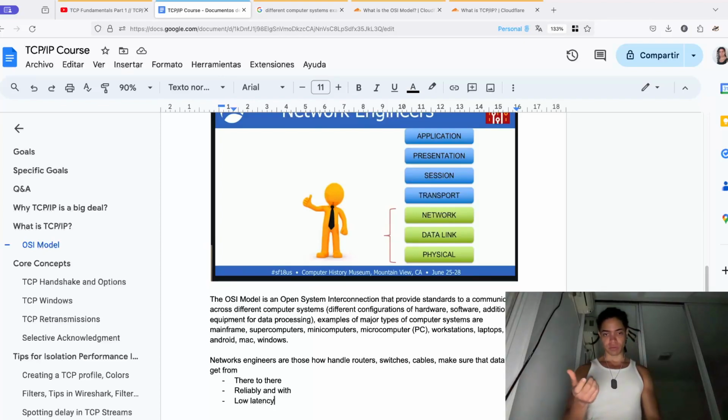And these protocols or policies are known as the OSI model.